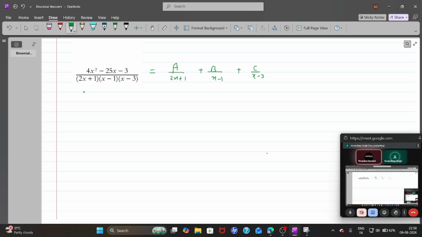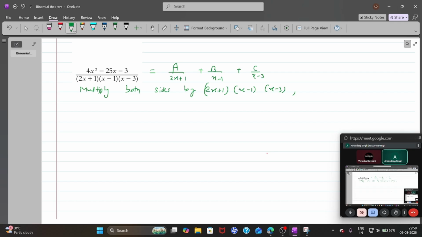So now the next step is multiply both sides by 2x plus 1, x minus 1, and x minus 3. That means the denominator of the left hand side.